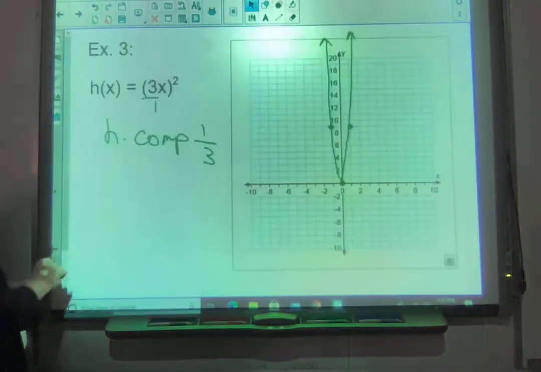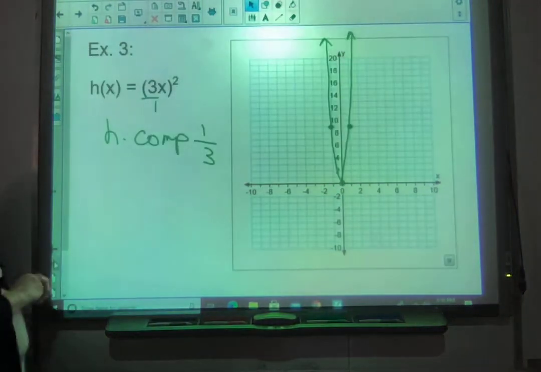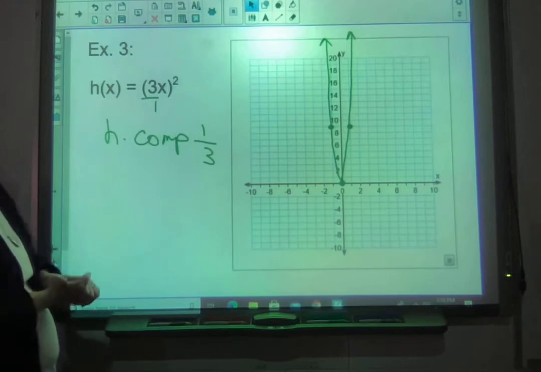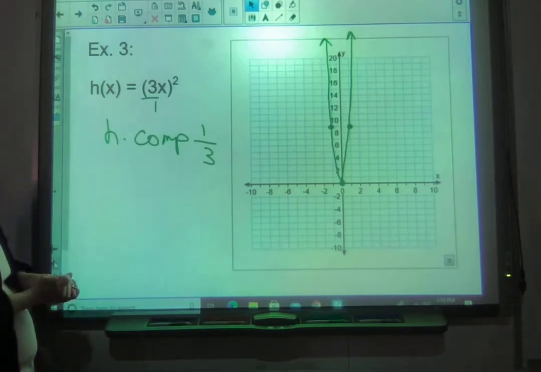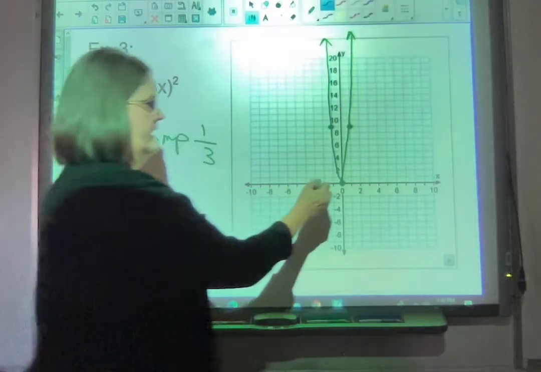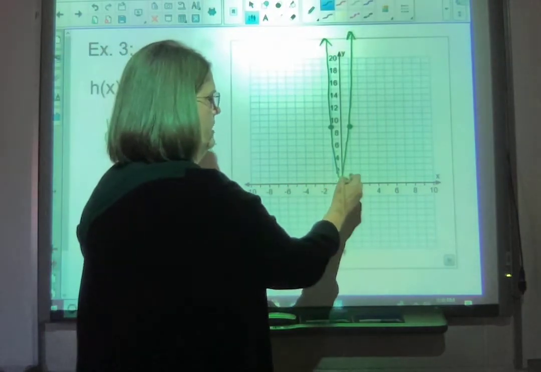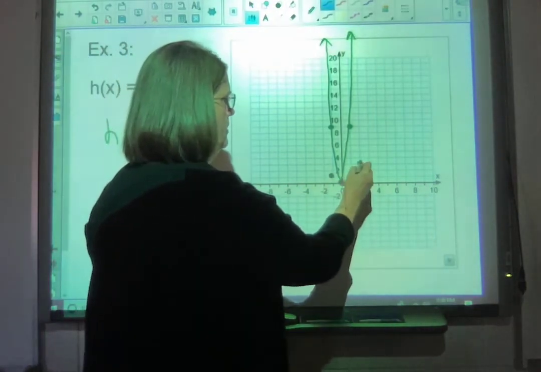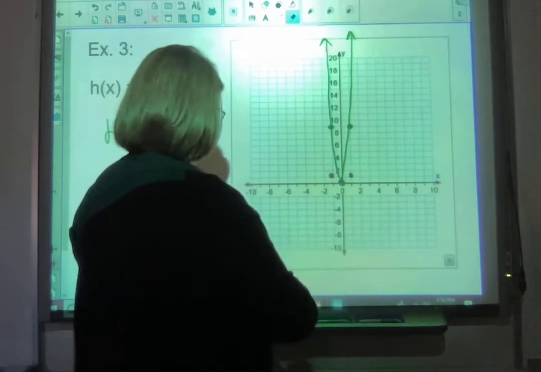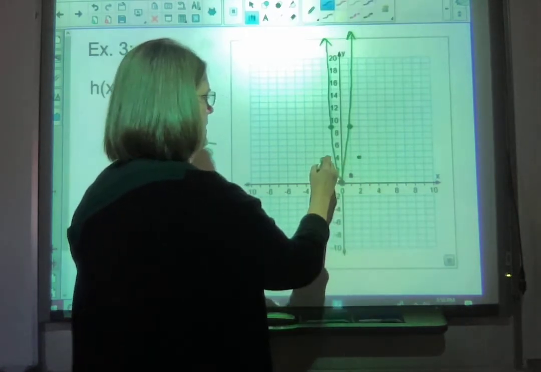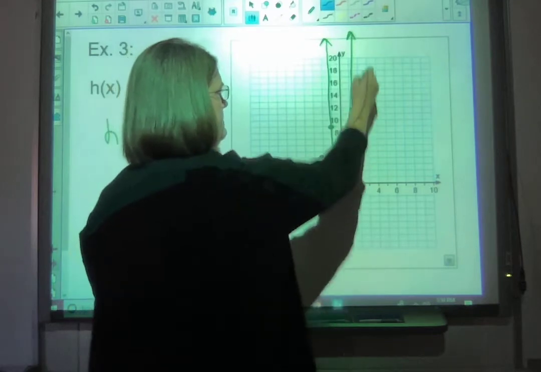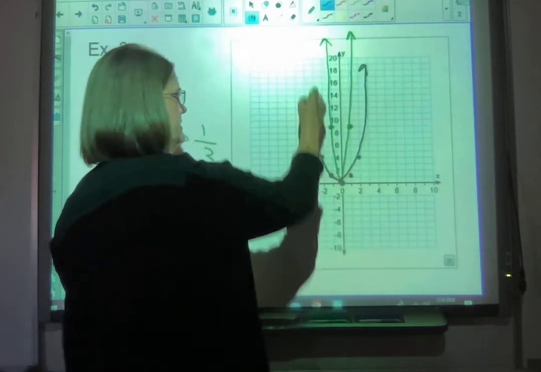All right. This is a horizontal compression of 1/3. I've gone away from the exponential function and now I'm doing quadratic. If you remember the quadratic function, the parent looks like this, and I won't get every point exactly right standing here doing it this way.